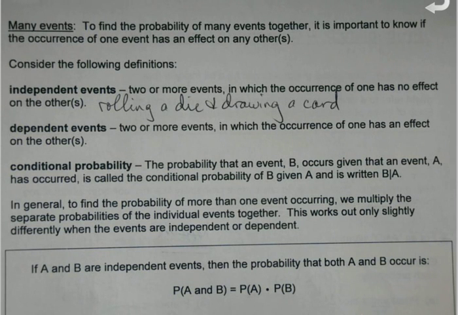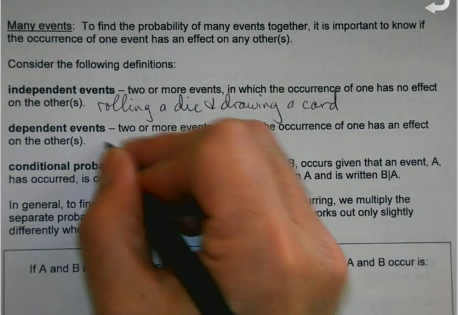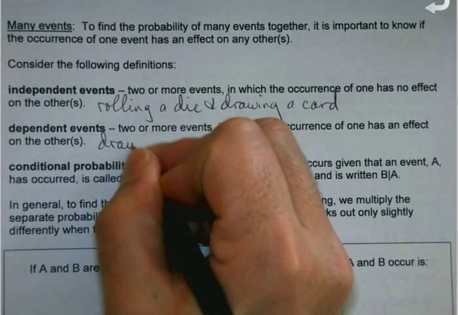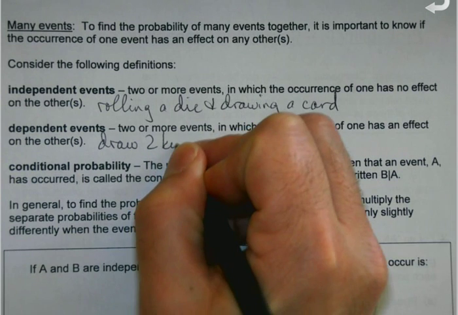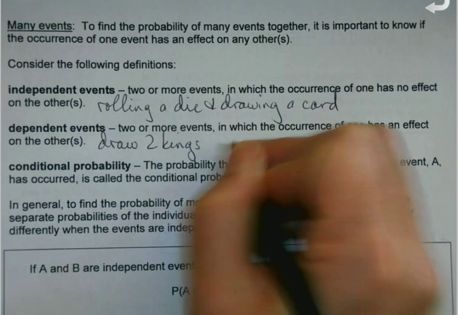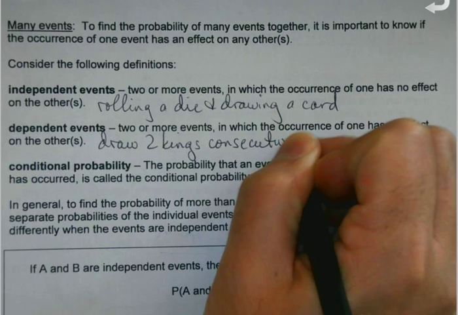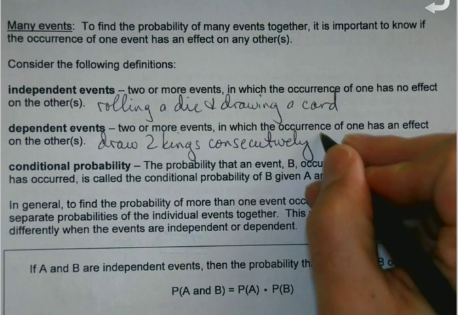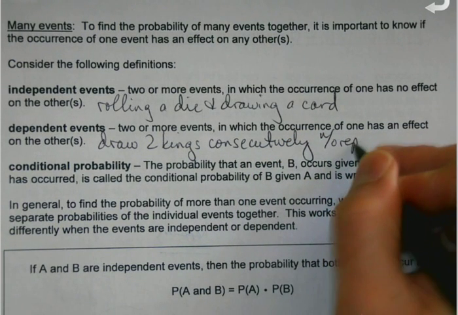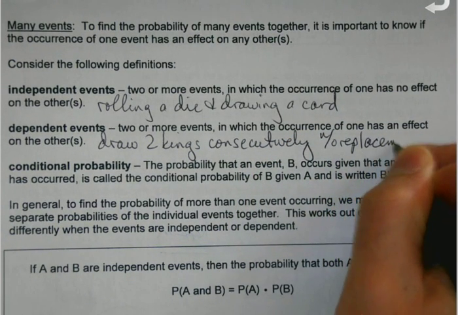However, when we look at dependent events, one will have an effect on the other. For instance, what if I ask the chances of drawing 2 kings consecutively without replacement?